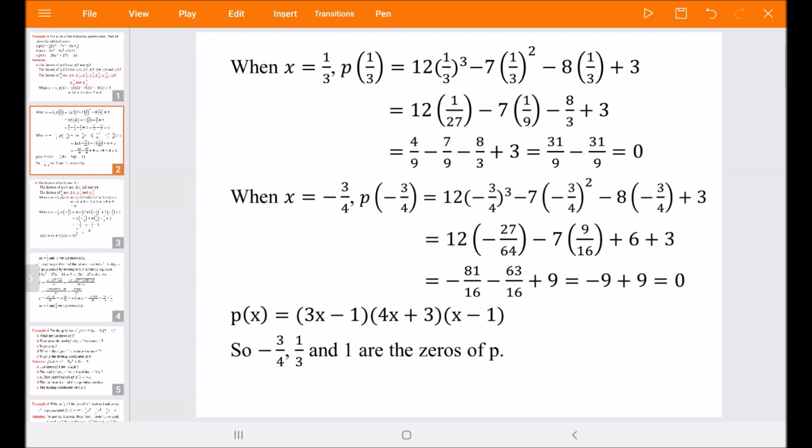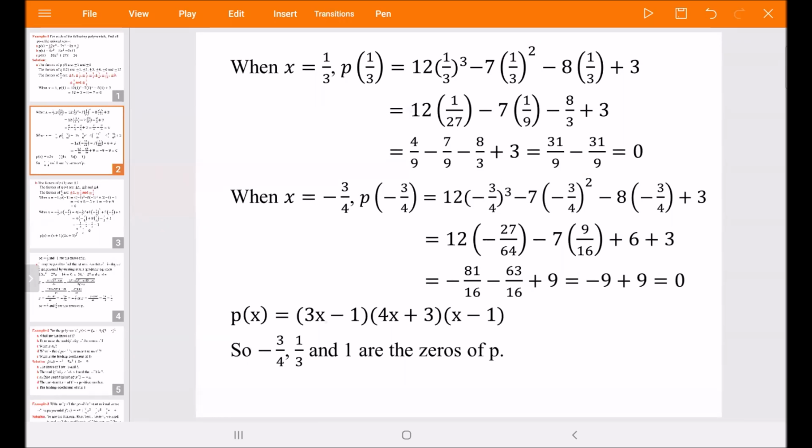Obviously, the third rational zero of this polynomial exists, and it is equal to minus 3 over 4. If you evaluate this polynomial at x is equal to minus 3 over 4, the result is 0. So we can write P of x in factorized form.